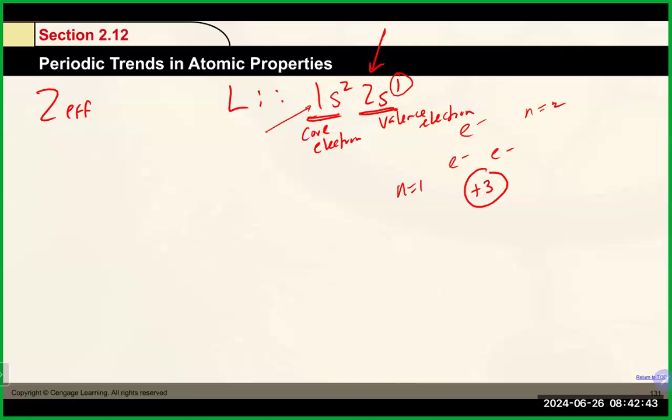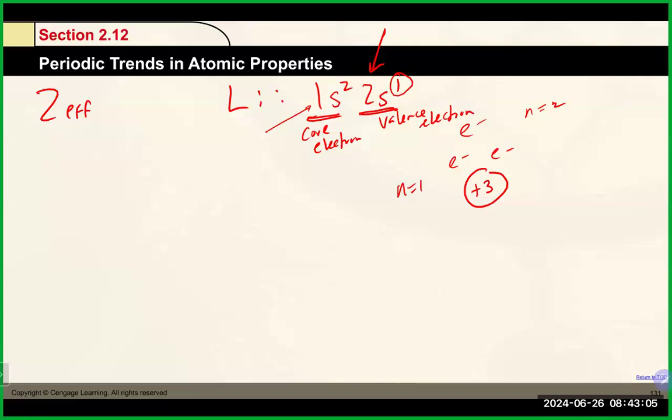The higher the charges that come together in a positive-negative attraction, the stronger the bond than with a lower positive charge and a lower negative charge. So if you had +3 and -3, they're going to be held together a lot stronger than something like +1 and -1.